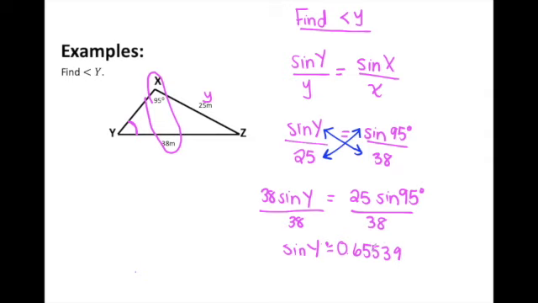0.65539. And then, remember, finding an angle, to get that sine to the other side, we need to take the inverse of it. So you're going to take the inverse of that number. It's easier probably if you leave that whole number in your calculator as well and just write down a couple of the numbers. And then you should get approximately 40.95 degrees, or for an angle you usually want to round to the nearest degree, so 41 degrees.